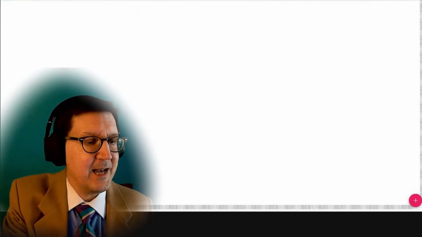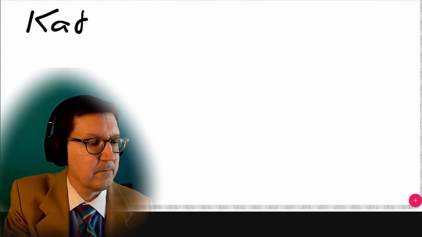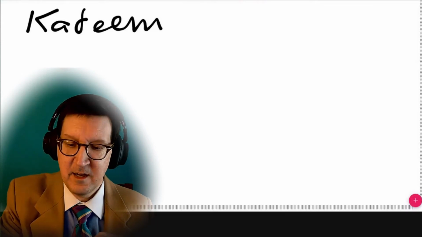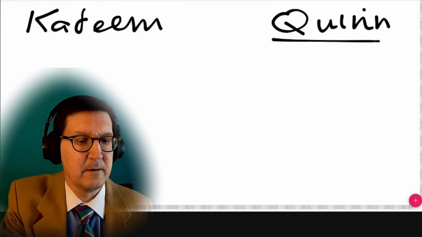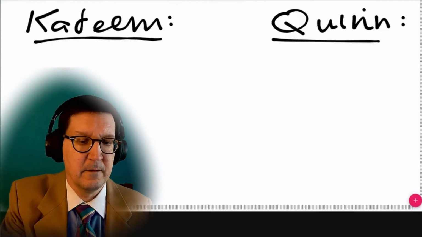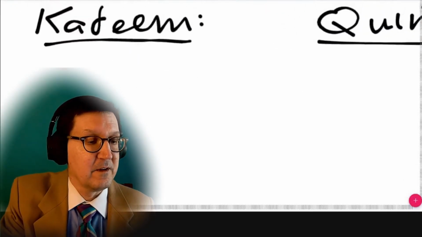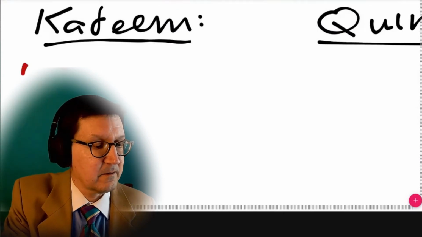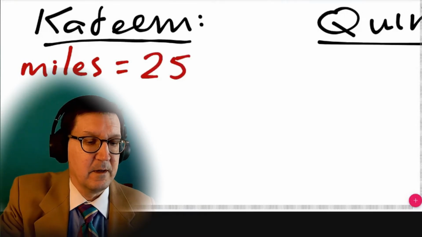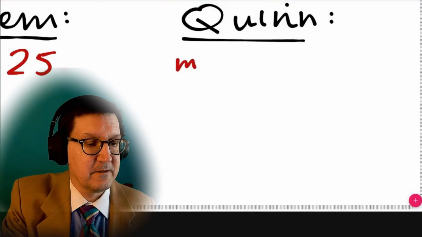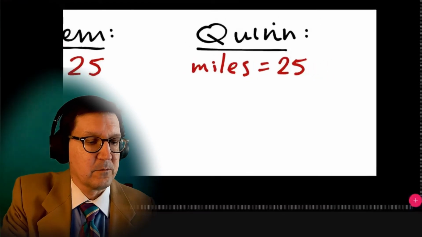Let's make a column for Kadeem. And let's make a column for Quinn. Okay, Kadeem drives 25 miles. And Quinn drives 25 miles. So far, so good.